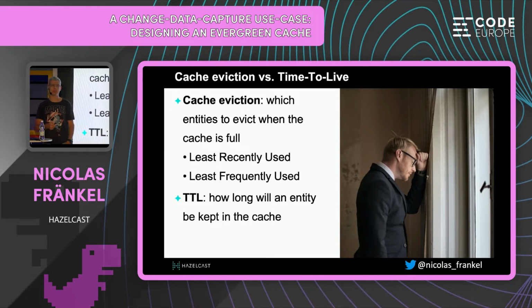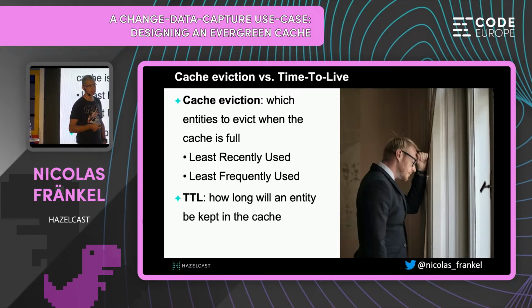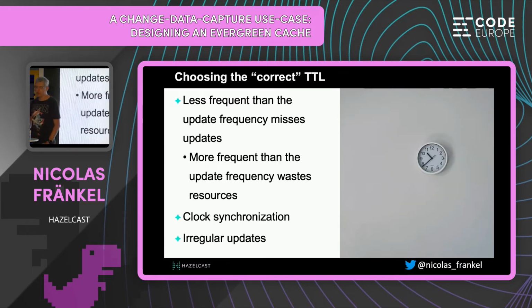How do we choose the correct time to live? There should be a background thread that removes entities from the cache. What's the correct time? Think about it. I told you about my example with the batch job. My batch job runs every hour.